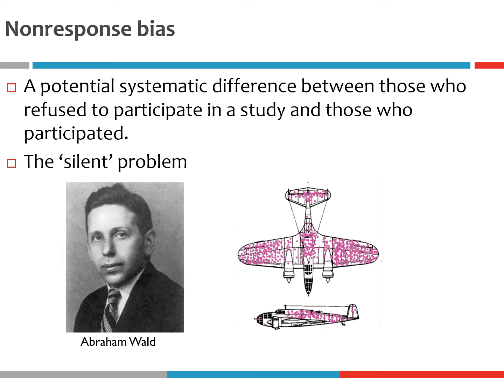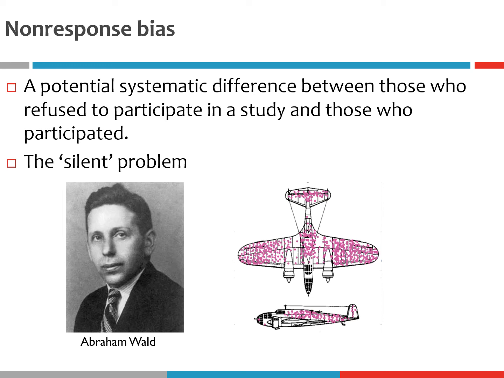So where do you put the extra armor, right? At first, it might seem like the obvious choice is to reinforce areas with the most bullet holes, right? But remember, the planes he examined were the ones that had made it back from the war or back from battle, right?